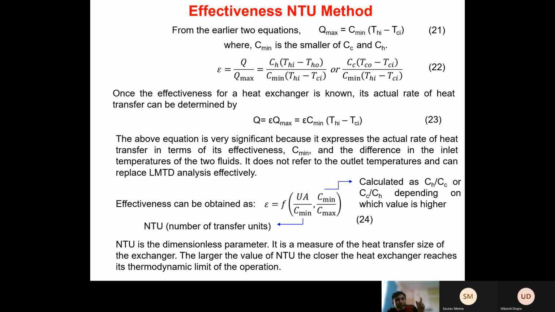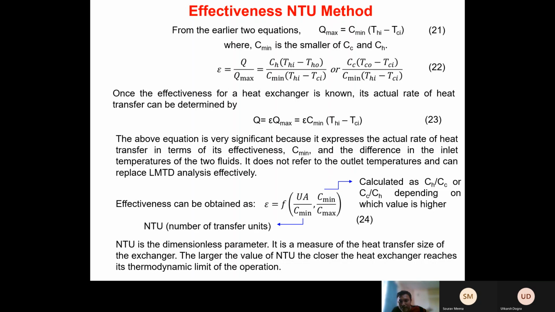Remember, that maximum temperature difference you can get only if you have an infinite area heat exchanger. But that is not what you are going to have in practical cases. In practical cases, your heat transfer area is finite, isn't it? So how close you are to that thermodynamic limit is governed by this UA by Cmin. Does it make sense to everyone?